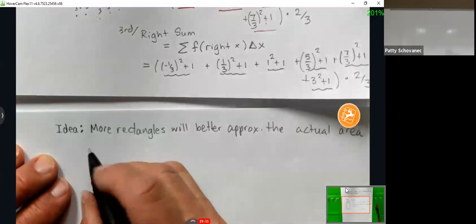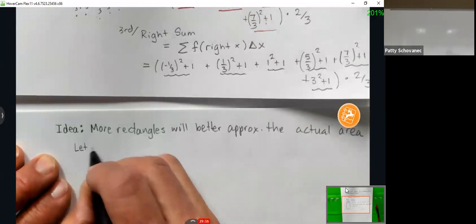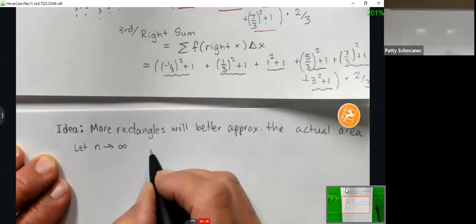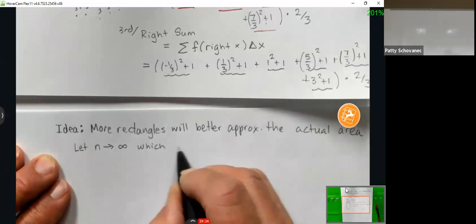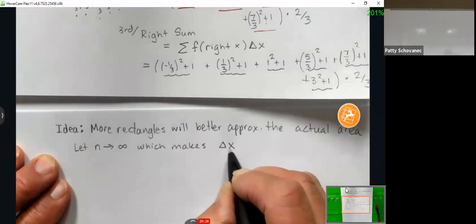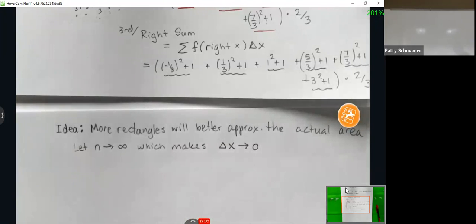But instead of crunching out more rectangles, we're going to use calculus. We're going to let the number of rectangles get infinitely large. And as we do that, the bases of each of these rectangles will get really tiny, so that we are coloring in the area under the curve with straight line pencil marks, butted up against one another.